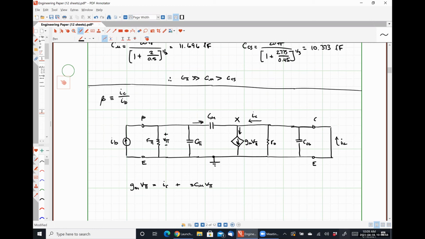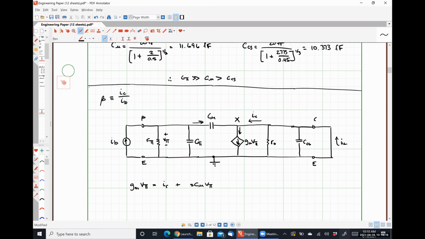So the impedance of my capacitor in the frequency domain is 1 over S C mu. So I have voltage divided by 1 over S C mu is the same as voltage multiplied by S C mu. Everybody okay with my math here?